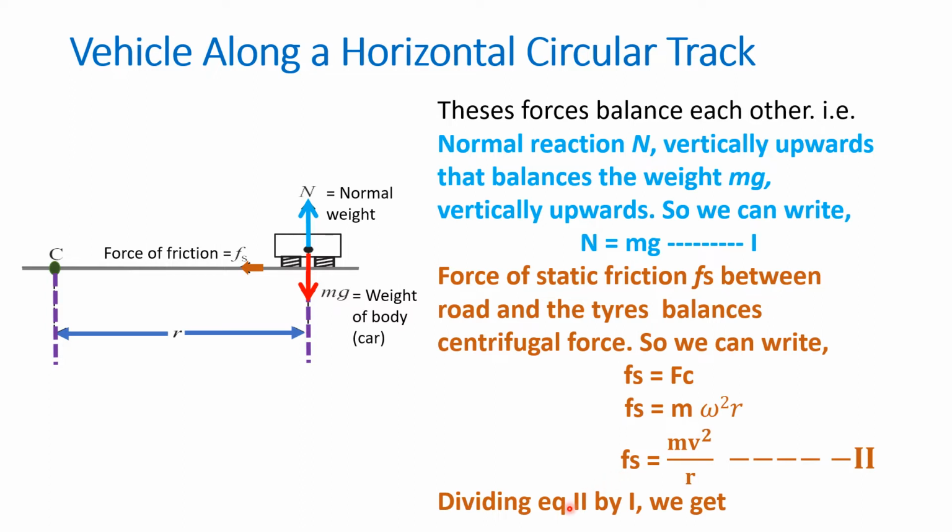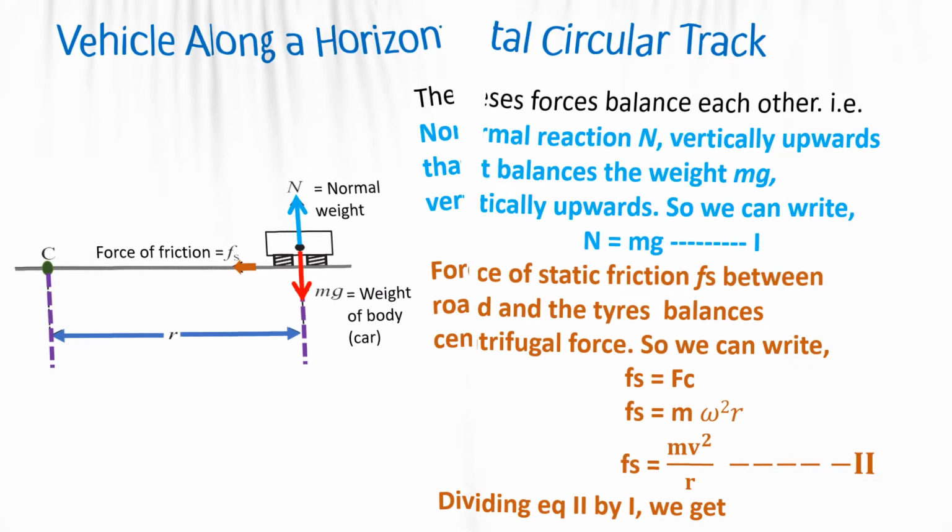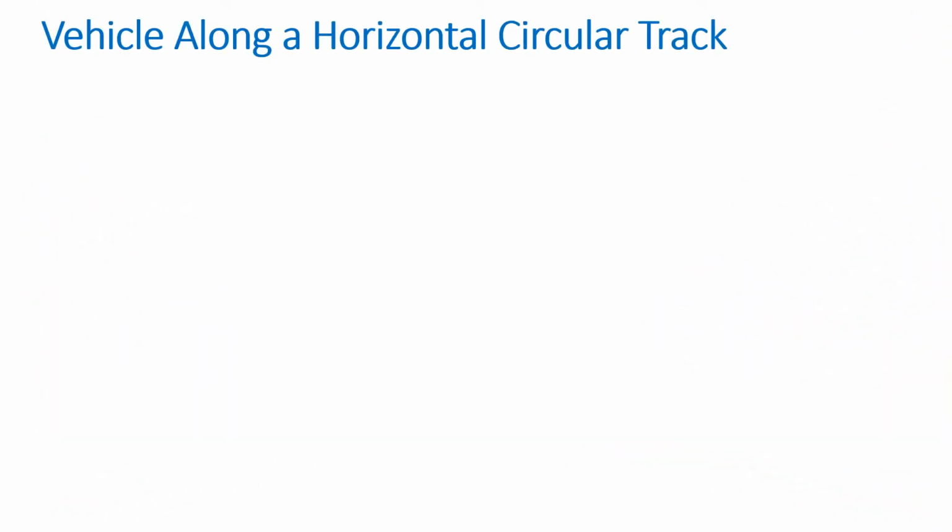Now let us divide equation 2 by 1. By dividing equation 2 by 1, we get Fs upon N is equal to mv square upon r into 1 upon mg.